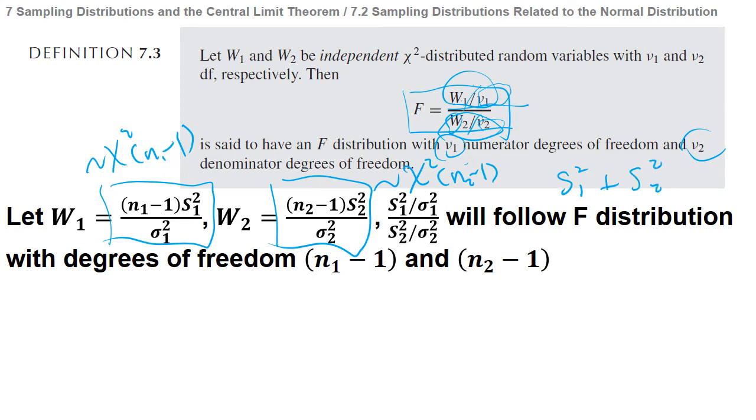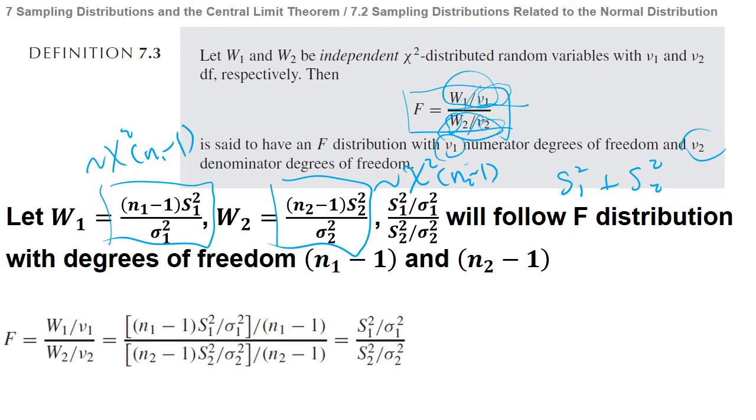Let F be W1 divided by nu1, divided by W2 divided by nu2. Then this follows an F distribution with N1 minus 1 and N2 minus 1 degrees of freedom.